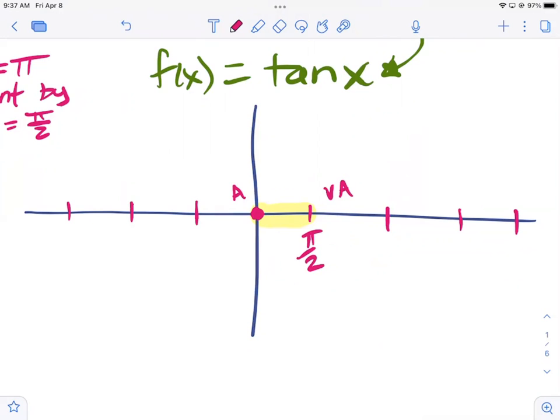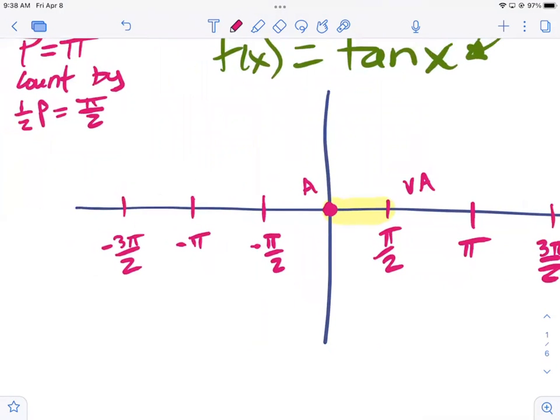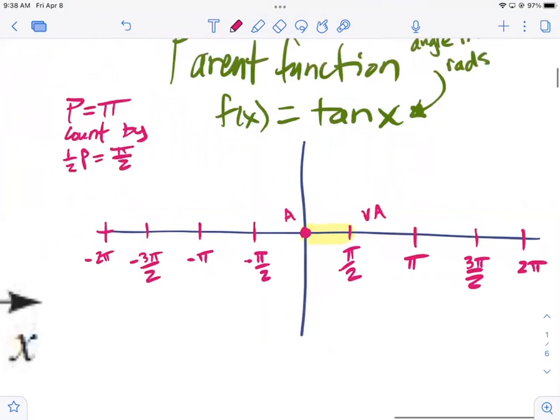Pi/2, right? So 1 pi/2, this would be 2 pi/2, which is pi. And then we get 3 pi/2, and then we get 4 pi/2, which is 2 pi. And if we go to the left, -1 pi/2, -2 pi/2, -3 pi/2, so on and so forth. -4 pi/2 is -2 pi.